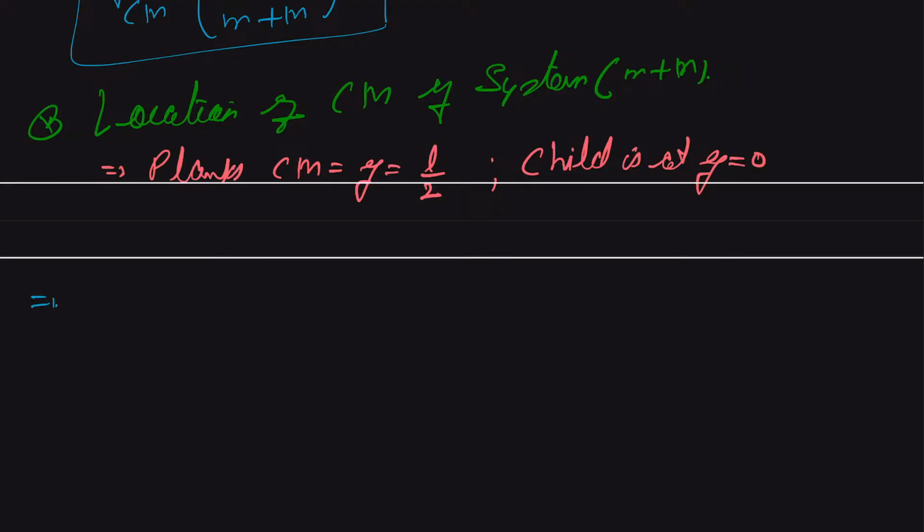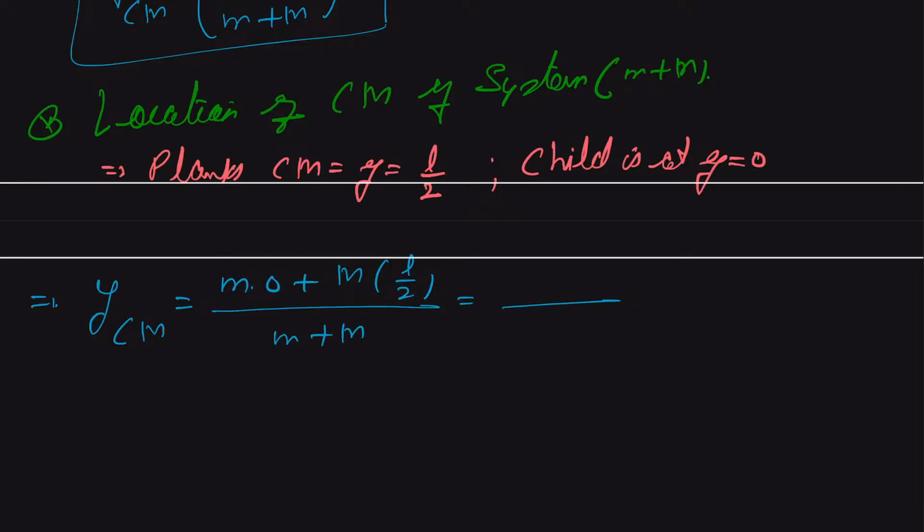Therefore, we can say that y of the center of mass will be equal to m times 0, that is the child's distance, plus the mass of the Plank and its distance, divided by the total mass.